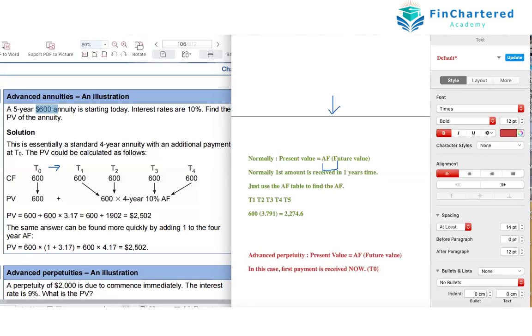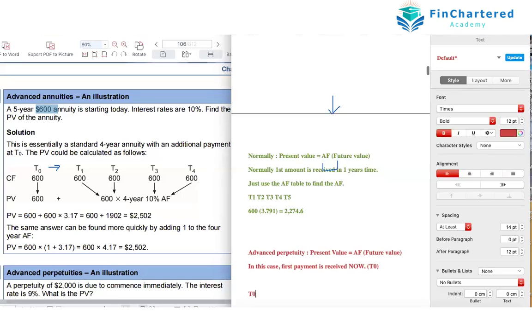So in this case, first payment is not coming in time 1. There is also time 0 involved. First payment is coming in time 0 and the remaining payments are coming in time 1, time 2, time 3 and time 4. Why have I only taken till time 4?